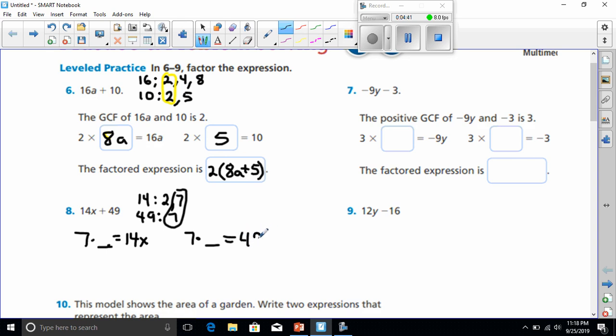Okay, if I do that, I can see that 14 divided by 7 is 2, so I know that's going to be 2. And I need an x there for me to get the x. And then 7 times 7 will be 49. So I can rewrite this as 7 times 2x plus 7.